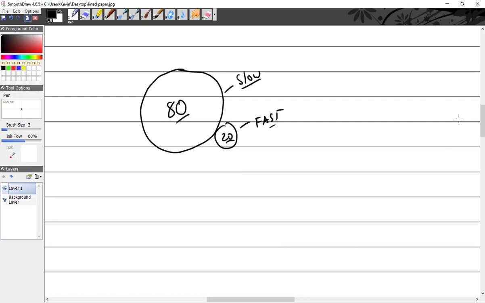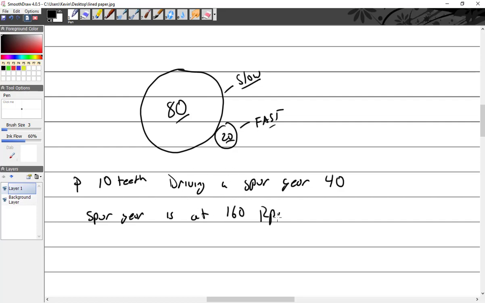So if I have a pinion gear, a pinion that has 10 teeth, driving a spur gear with 40 teeth, and the spur gear is at 160 RPM. What is the RPM of the pinion?